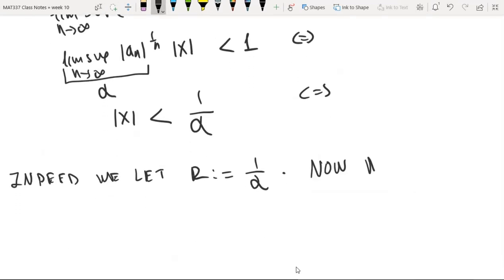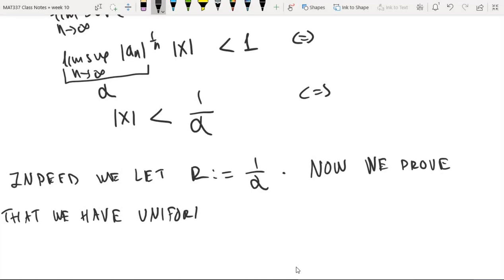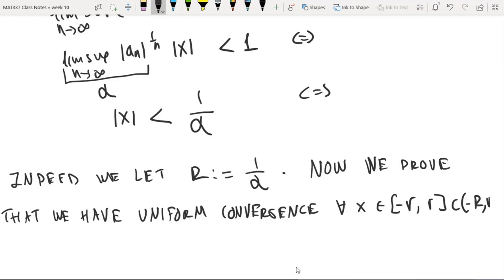Now we prove that we have uniform convergence for all x in a compact subinterval within the radius of convergence. Okay. So in other words, small r is less than big R.